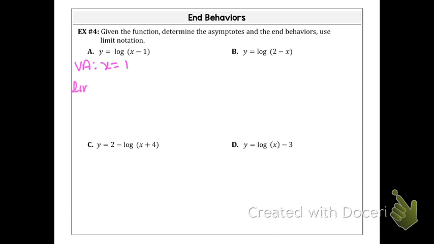So then my limit, as x approaches 1 from the right, y is going to be going down to negative infinity. And then the limit as x goes towards infinity, y is going to go up to infinity. Because we know that this graph didn't change, except for it literally got moved to the right.